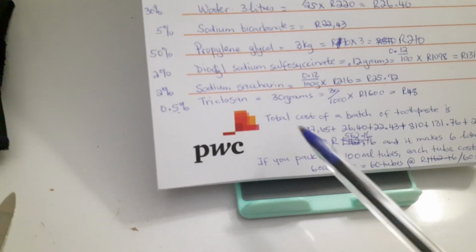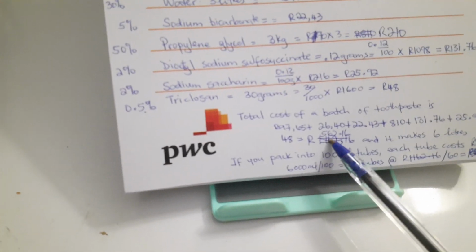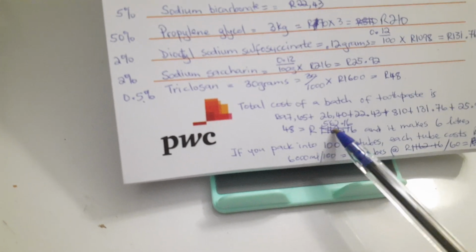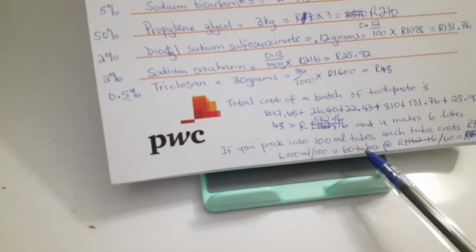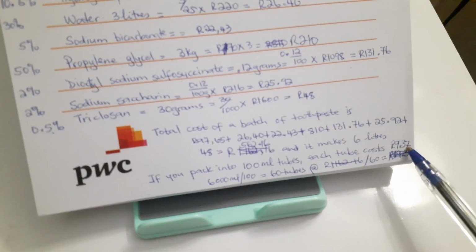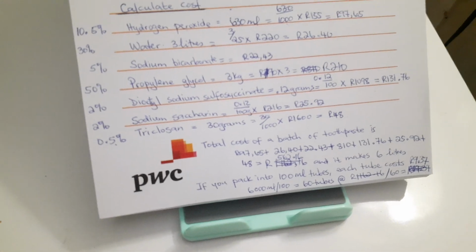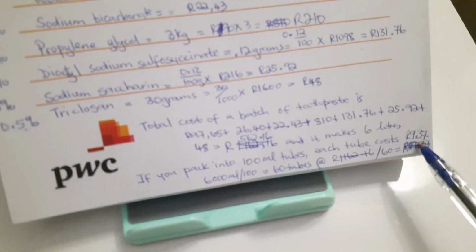Now the batch of 6,000 milliliters or 6 liters is 562 rands and 16 cents. So divide that 562 by 60 tubes, and that gives 9 rand and 37 cents. So the toothpaste within that tube of 100 mils will be 9 rand and 37 cents.